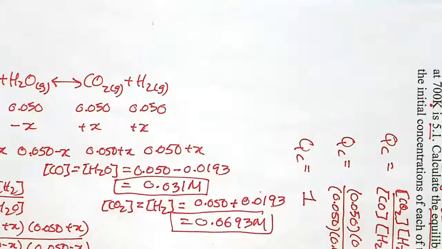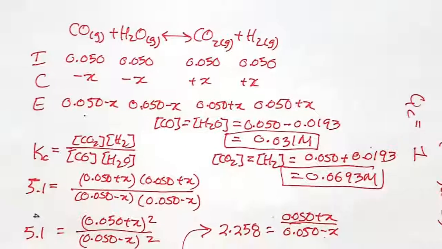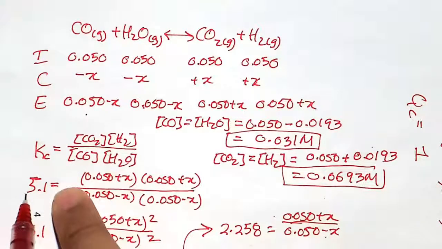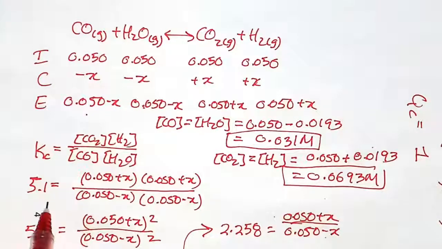Now we can do a check. Are these truly the equilibrium concentrations? If they truly are, we should be able to plug them back in here and recapitulate the original equilibrium constant. So let's do that check here.